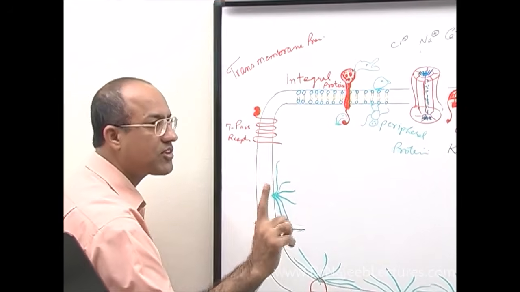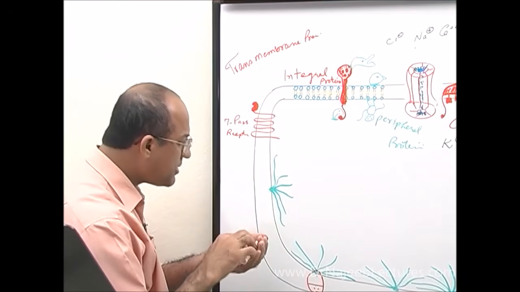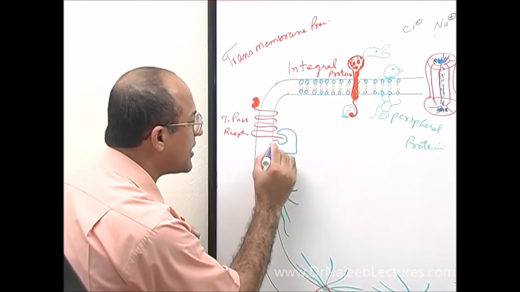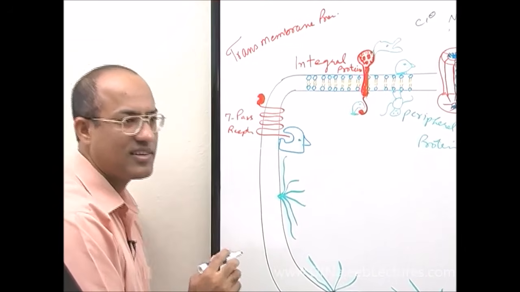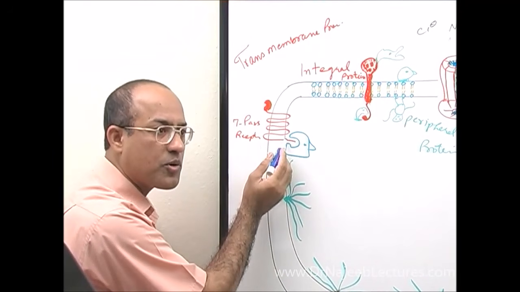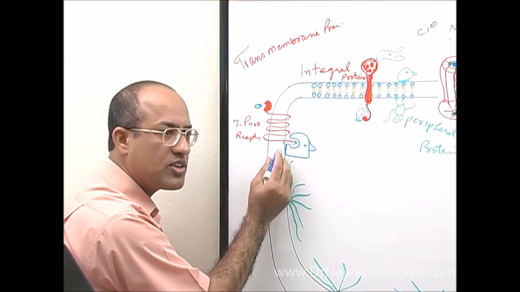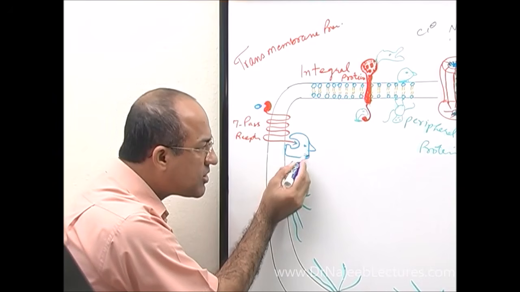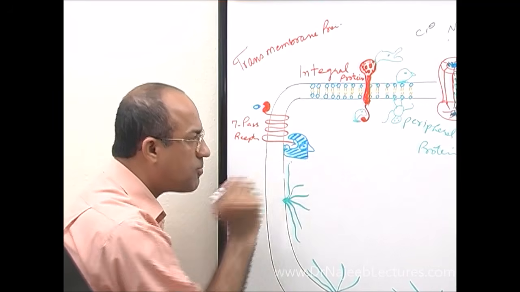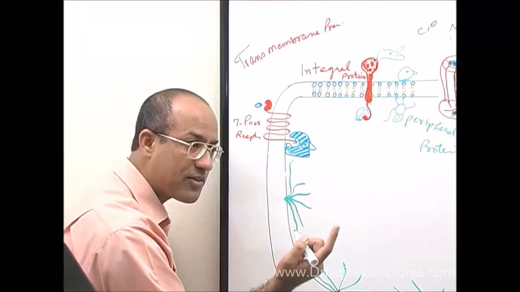A 7-pass receptor is an integral protein, but it may be associated with other proteins attached to it inside. When the receptor is activated, it gives a signal to some protein associated inside. This is an example of a peripheral protein. So integral proteins may be associated with peripheral proteins.